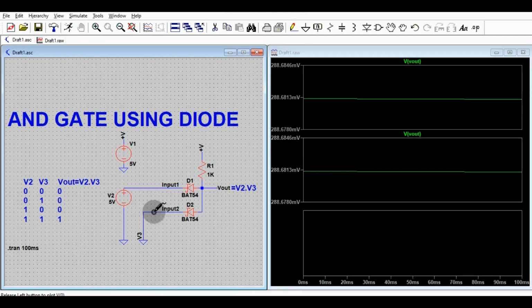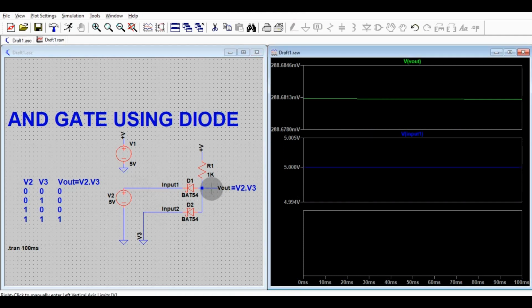Here you can see you will have 5 volt and your output is 0 volt. That means if input 1 is high and input 2 is 0, your output is 0.